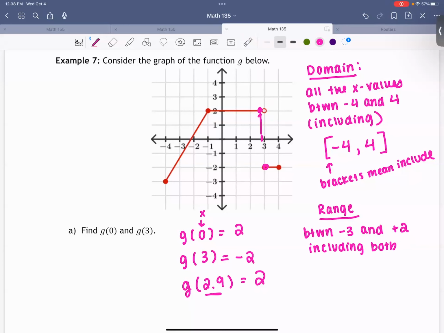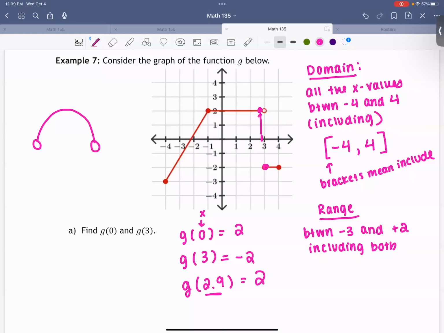Actually, I have a question. Let's say the closed circle at y = 2 was open and there was a parabola instead of a line, so nothing was on 2 beyond the open circle. Then we wouldn't include that 2, correct? So would that mean it would be bracket -3 comma 2 parentheses?